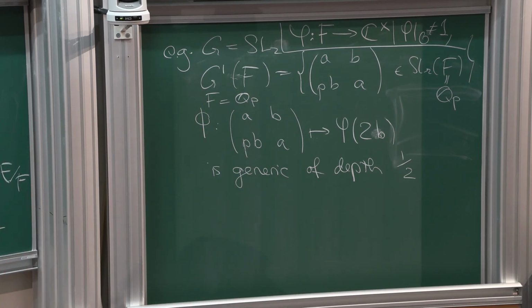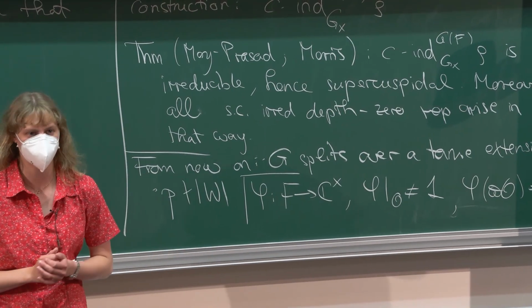Do you require G prime to become the Levi subgroup over a tame extension? Yes, in general we require the Levi subgroup. For the construction, you require it to become isomorphic to a Levi subgroup over a tame extension. But my assumption that p doesn't divide the order of the Weyl group makes this automatic.